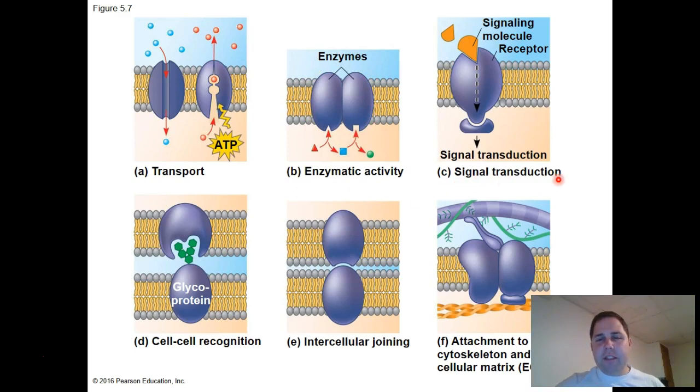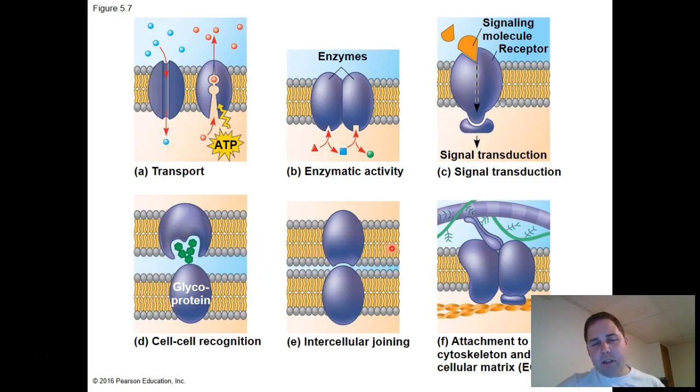We can use it for signal transduction, which is where something on the outside of the cell binds to a protein, causing something to happen on the inside of the cell, basically transducing that signal without actually moving something through the cell. We can use membrane proteins for cell-cell recognition, so these are two different cells. This cell has a glycoprotein on its surface, and this cell has a protein that recognizes that glycoprotein. So now these two cells can basically tell who is who.